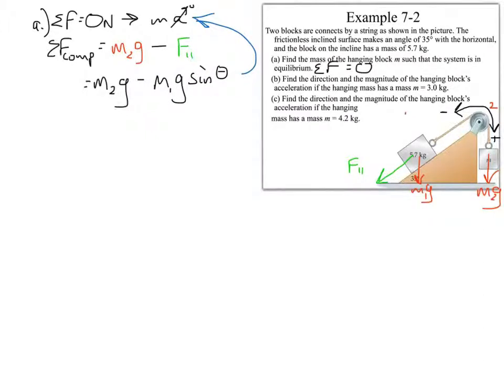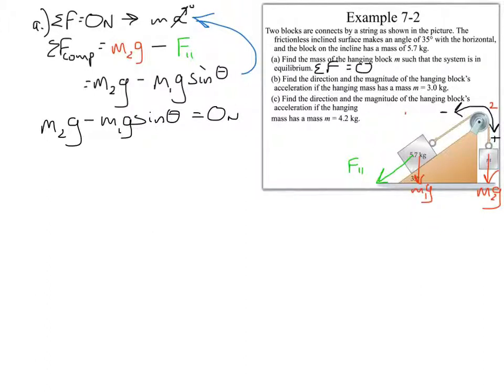Sorry, my pen wasn't working there. So all that's going to be equal to 0, so let's write it all out. Mass 2 times gravity minus mass 1 gravity, and we do know what mass 1 is, sine of theta equals 0 newtons.